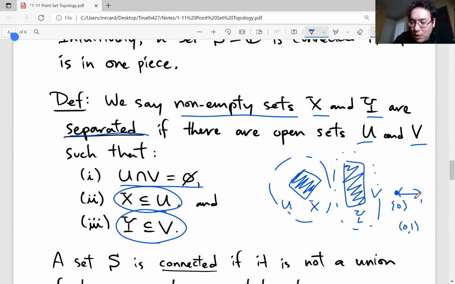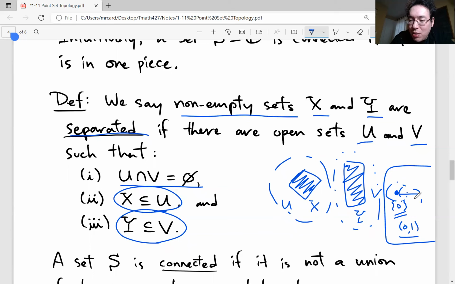Okay. So I'm looking at real numbers here. The point 0 touches the interval from 0 to 1, although the actual point 0 is not included in the open interval from 0 to 1. Because it touches it, even though these two sets do not intersect, you don't want to call this separated, right?